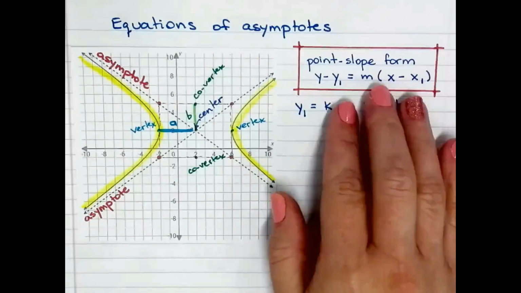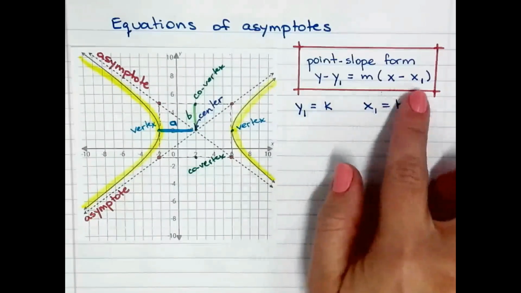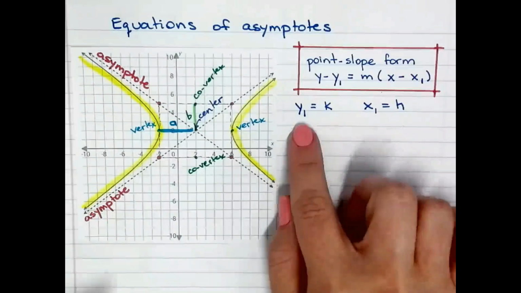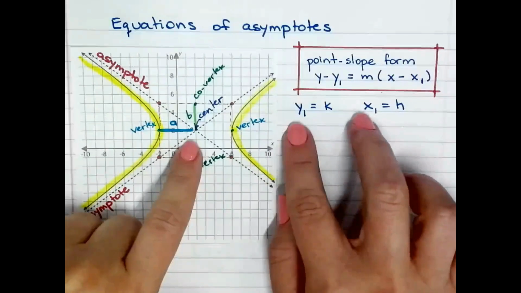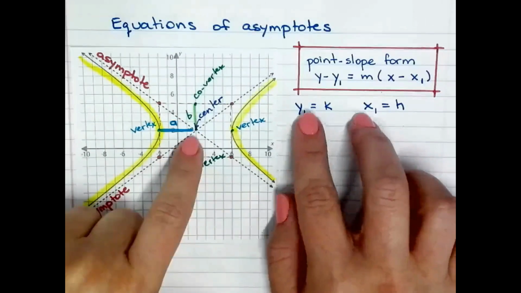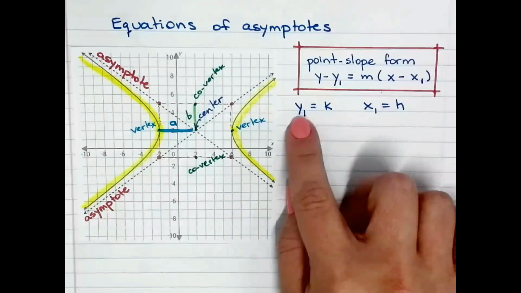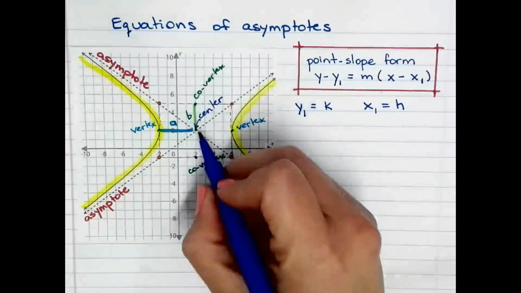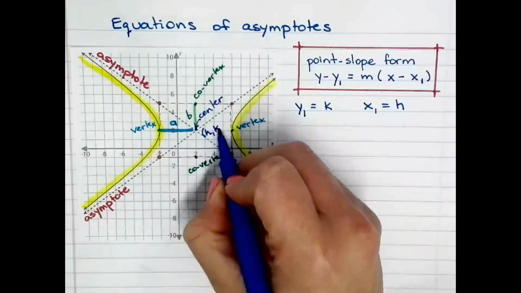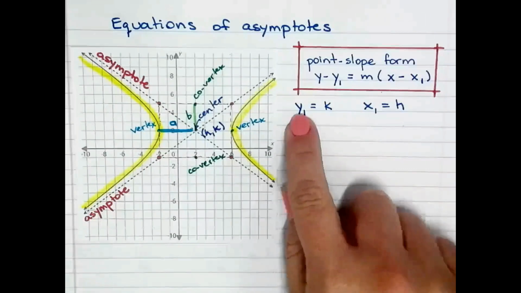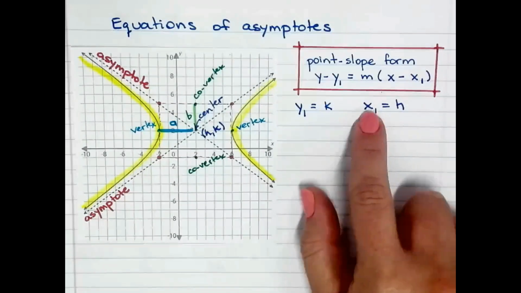So, the point-slope form, most of you remember this like the back of your hand. The difference is, I don't have y1 and x1, but I kind of do. So I will use k for y1. And remember, k is from the center, h and k. So I will use k for y1, and I will use h for x1.